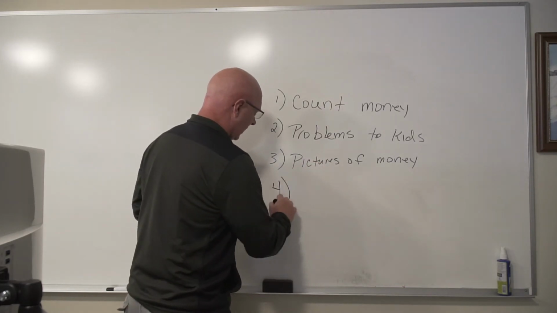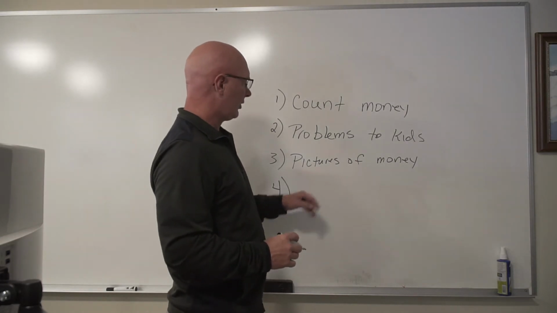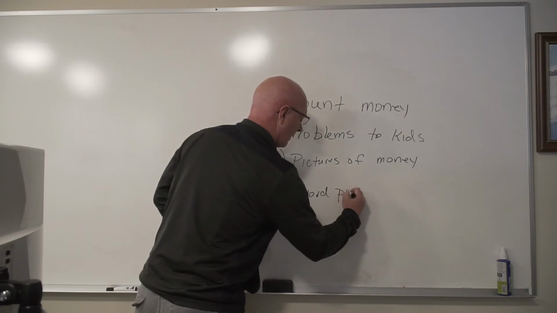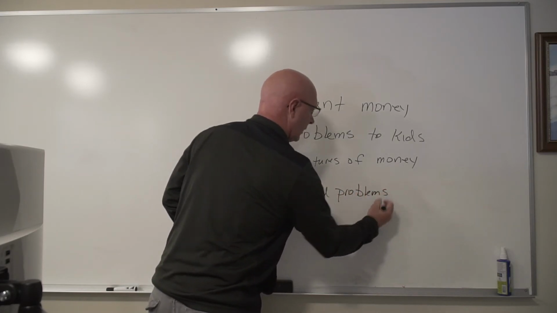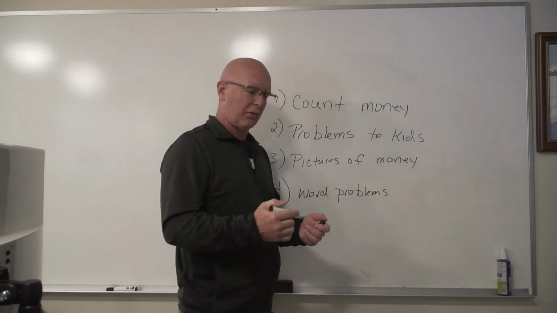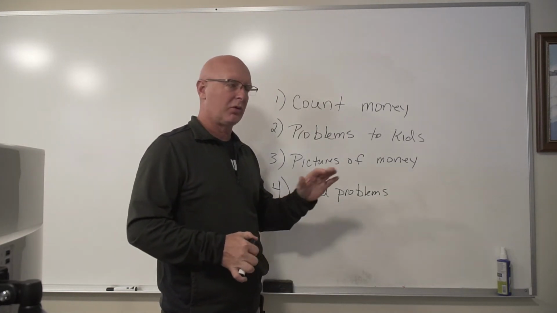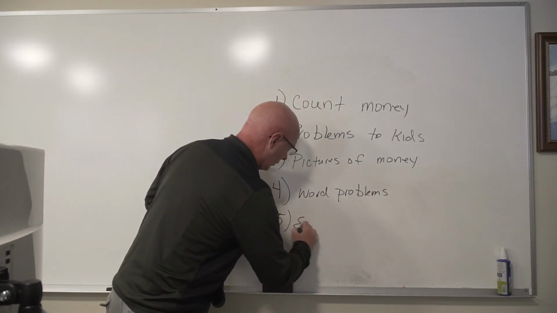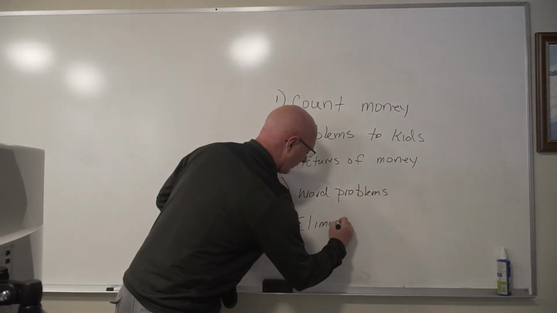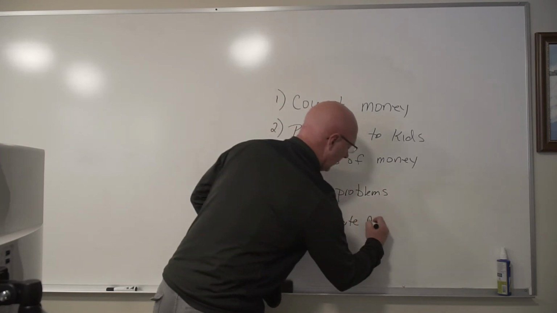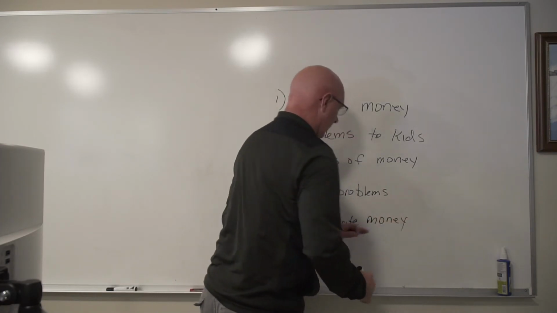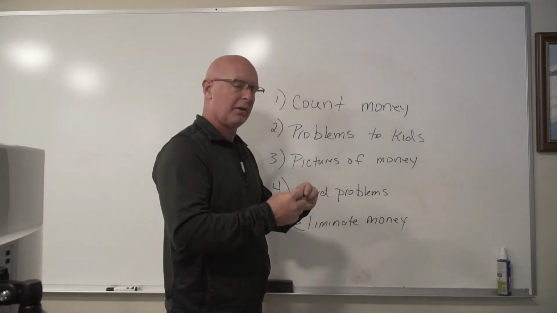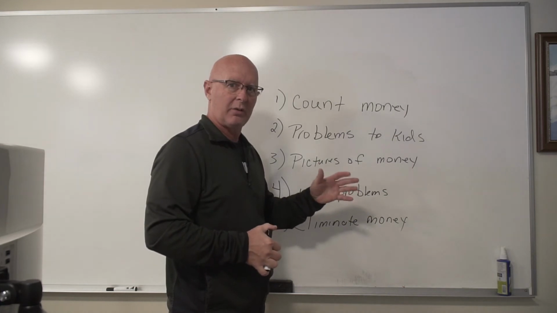And then the last thing we want to do is start asking word problems to count different things. Another thing we want to make sure we do is eliminate some money. The idea here is that you have a limited amount of denominations that you can use to count money.